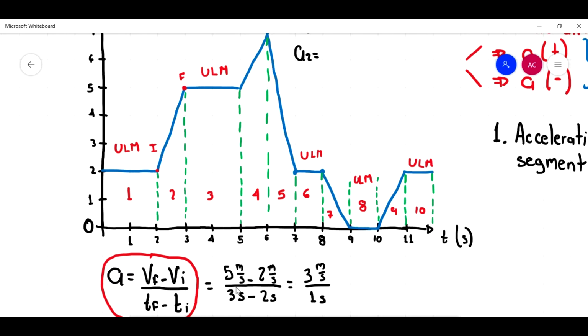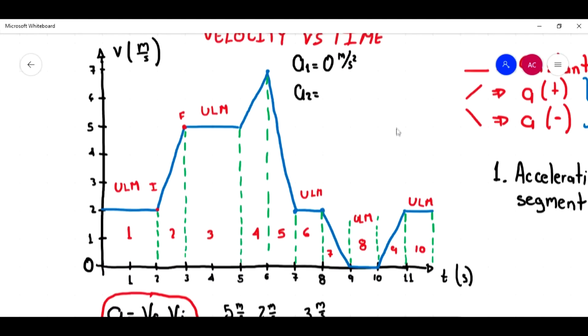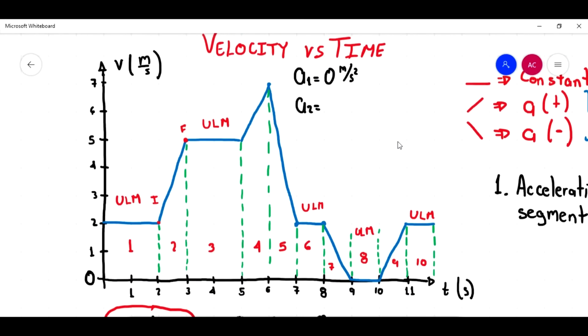So the answer will be, I'm going to write the answer over here, 3 meters per second square. That means that the object increases its velocity 3 meters per second each second.